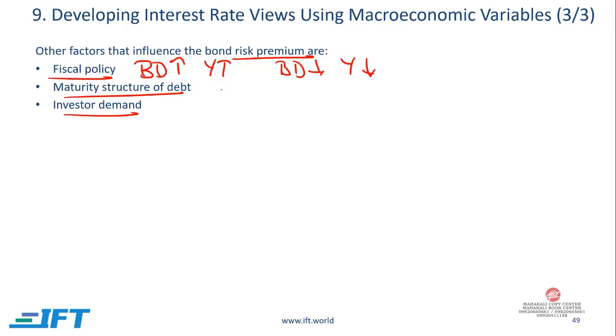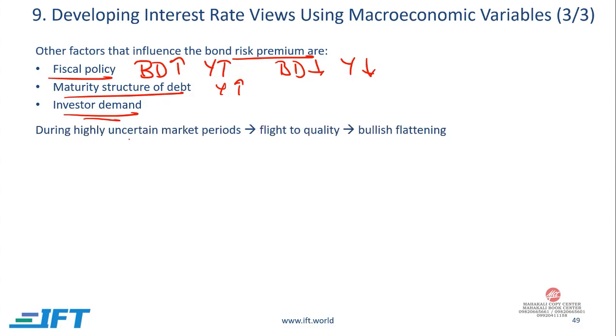So when there is a larger supply of long-term government bonds, then the yield in the long-term segment goes up. With respect to investor demand, a greater demand from investors such as pension funds and insurance companies increases the price of bonds, and this reduces the bond risk premium.